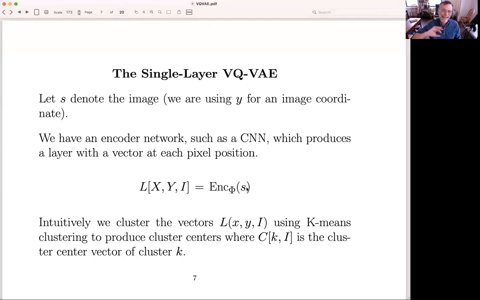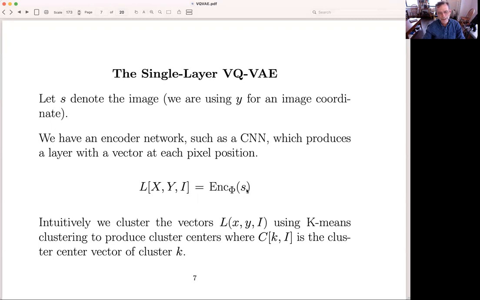So Y has been taken in this talk, so I'm using S for image. I take my image S and I encode it via a convolutional neural network up to some layer of the network. A layer of a convolutional neural network has image positions like pixels, but at each image position you have a vector. That's what a layer in a CNN looks like. So this is a layer.